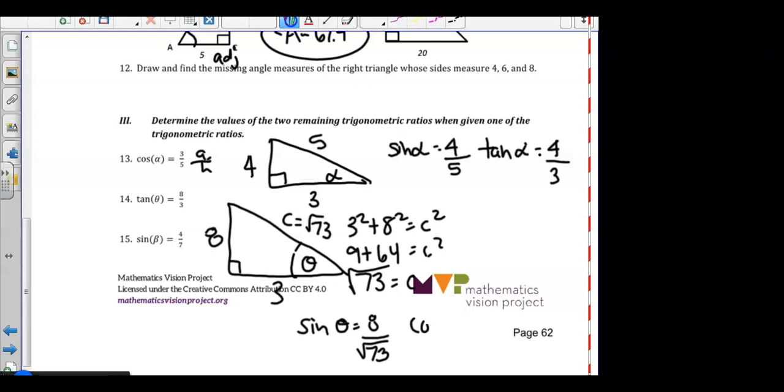And the cosine of theta will be the adjacent side from the reference angle divided by the hypotenuse. Now, there is a radical in the denominator. We're okay to leave that right now, but we know that we will have to rationalize the denominator whenever we have a radical in the denominator, and we'll talk more about that when we get to Math 3.